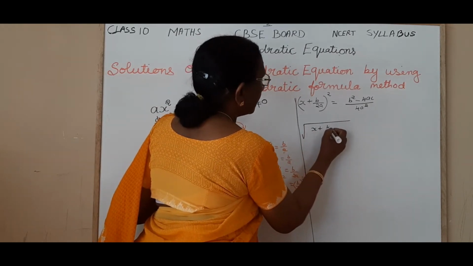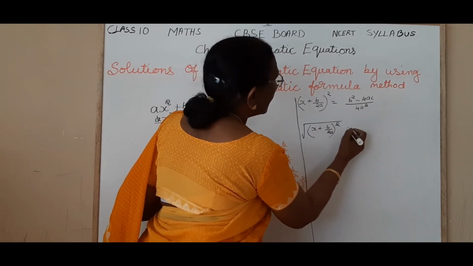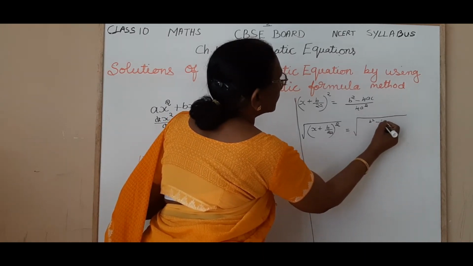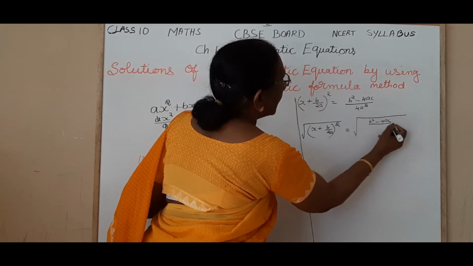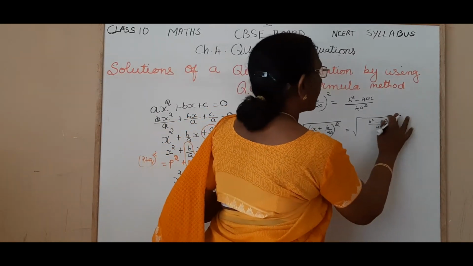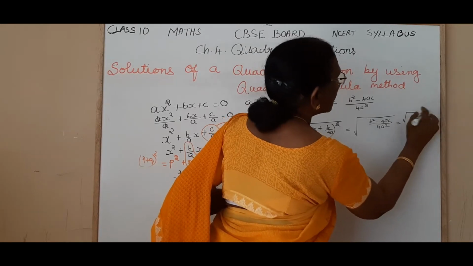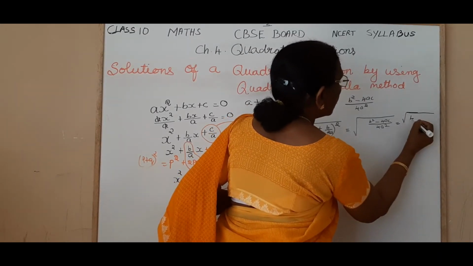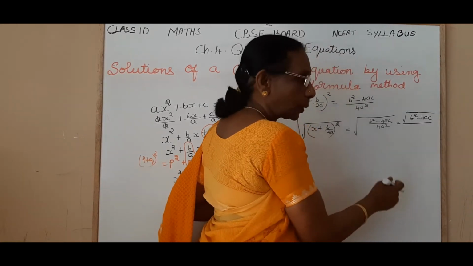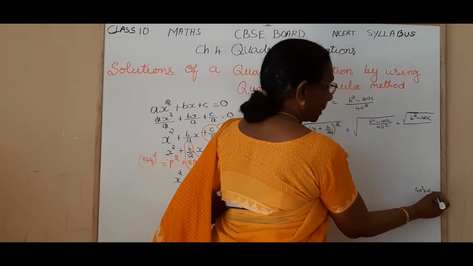Root of x plus b by 2a the whole square is equal to square root of b squared minus 4ac by 4a squared. Okay, this you can write as root of b squared minus 4ac by, what is the square root of 4a squared? 4a squared is equal to 2a into 2a.